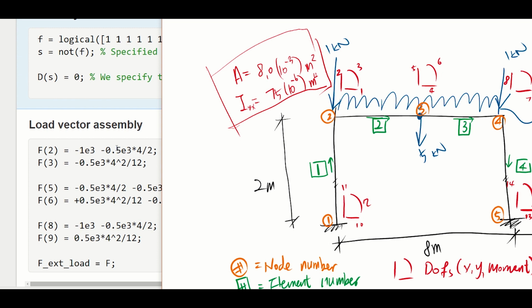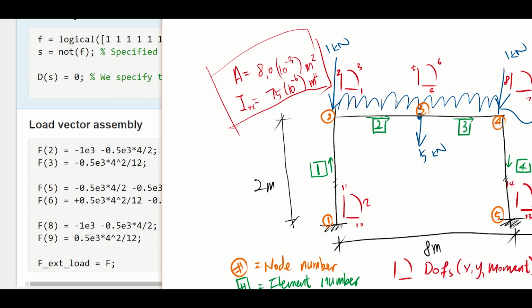Then you'll add a -1 kilonewton, and your distributed loading of 0.5 kilonewton per meter for the 4 meter element length, and half of that goes into 2, right? And this is the effect of the equivalent loading from the distributed loading.